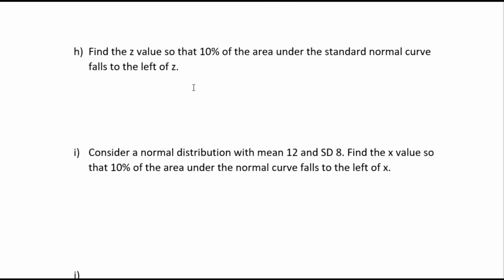Now for H, we want the Z value so that 10% of the area is to the left of Z. Looking at this, we want some Z value so that 10% is to the left. 10% is 0.10. So we want to go backwards. Instead of finding the area, we want the Z. So we're going to use the norm inverse function.